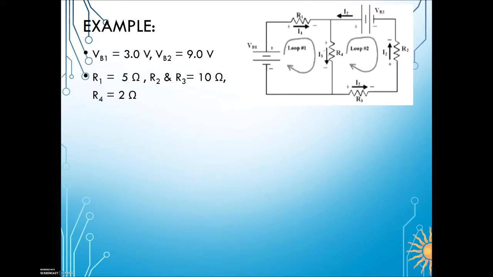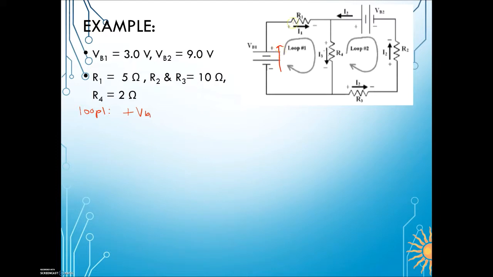So let's take a look at this example. I've chosen clockwise as the direction for both of my loop equations. First, I'm going to start with loop 1. In loop 1, we go across the battery from negative to positive, so that's a gain in voltage at B1.